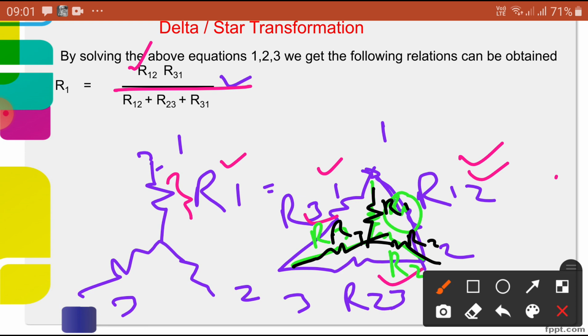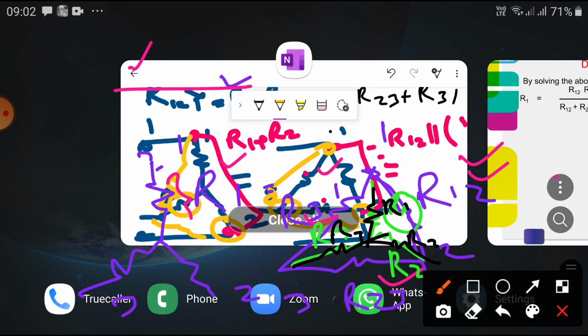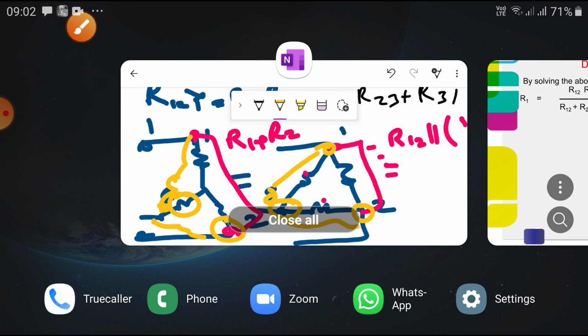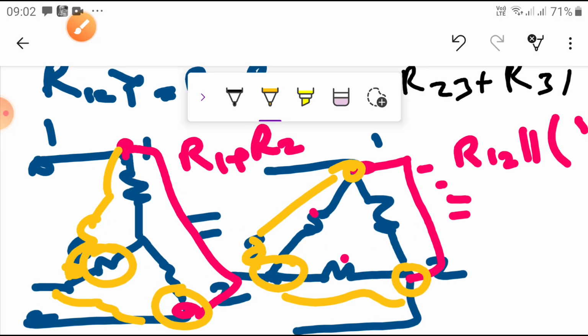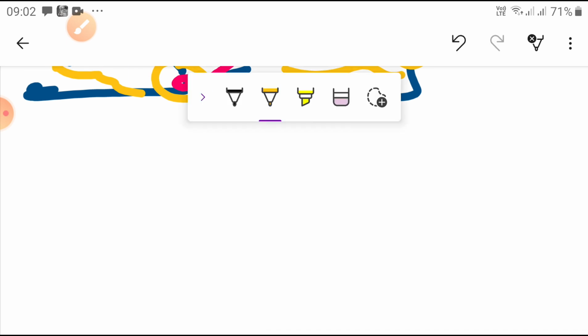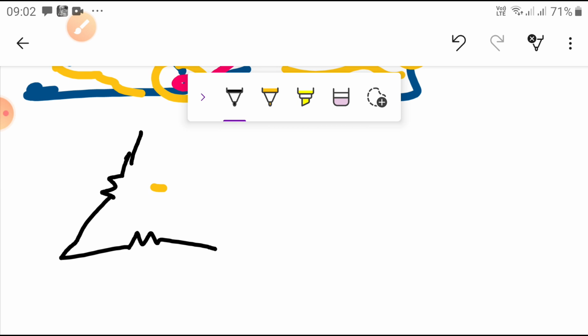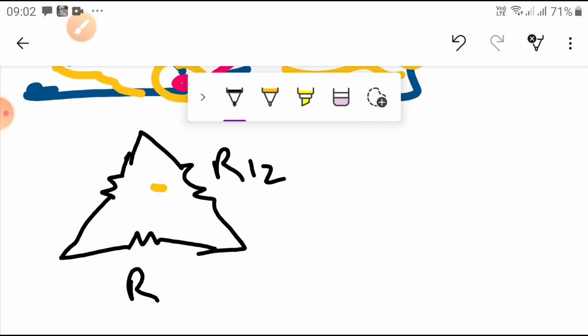You can write this one. Here, the delta values are given: R12 is given, R23 is given, R31 is given, across 1, 2, 3.